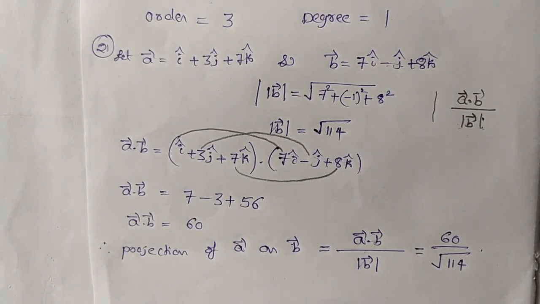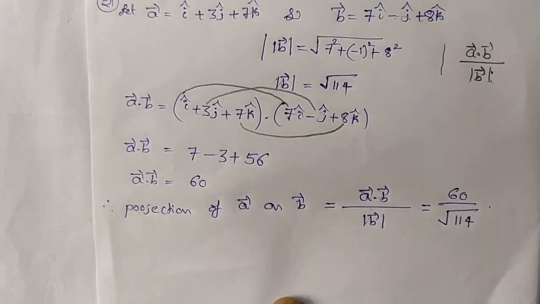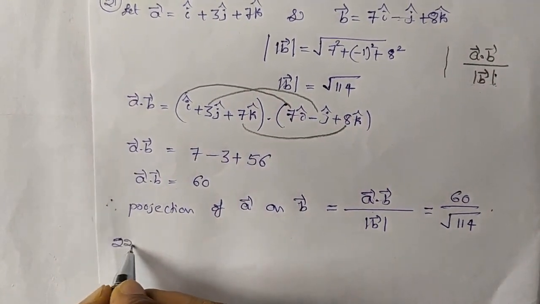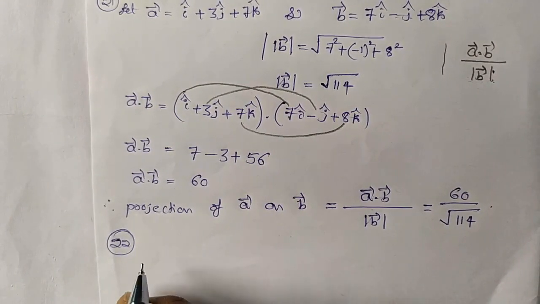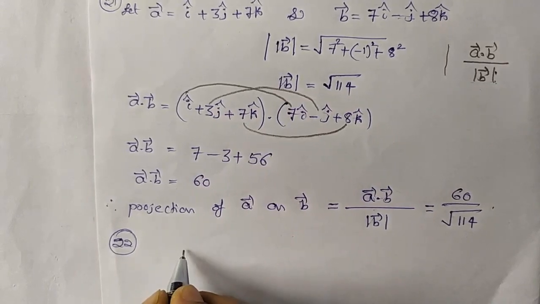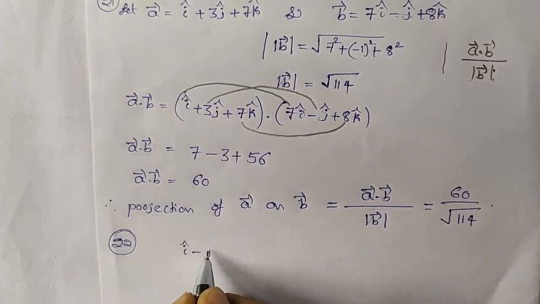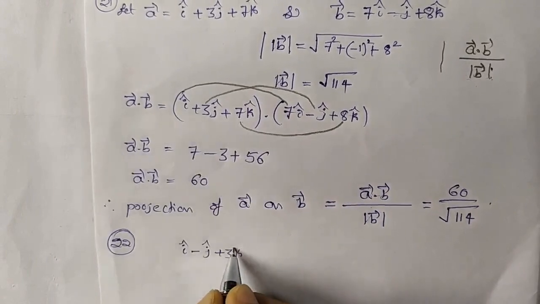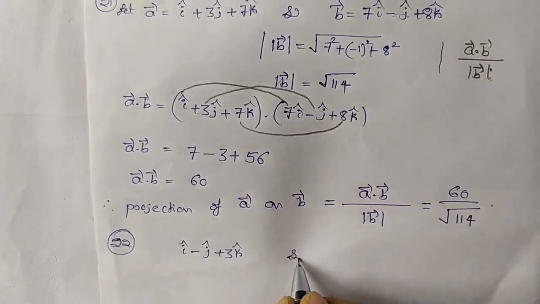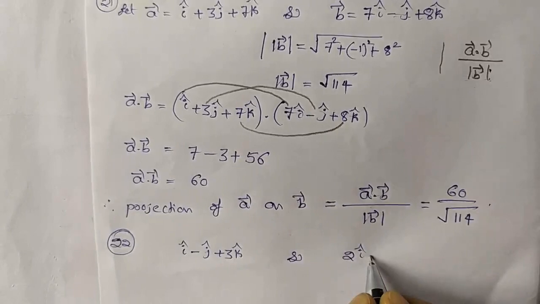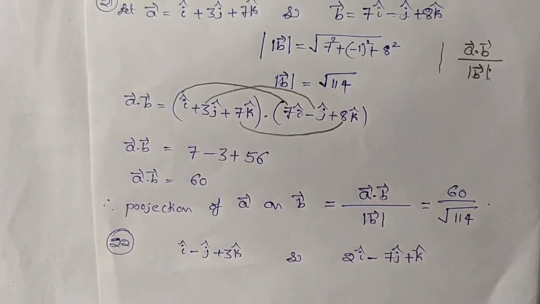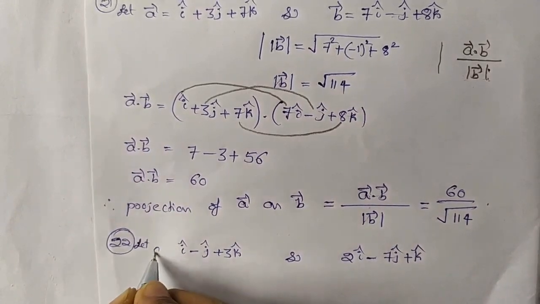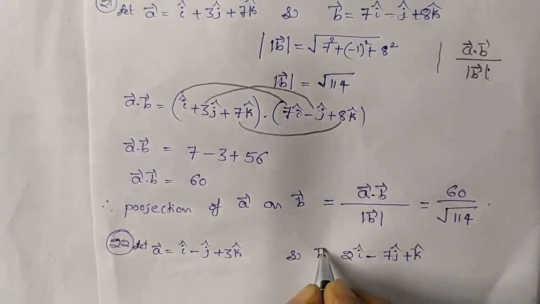Next, see the 22nd question. Find the area of the parallelogram whose adjacent sides are given by the vectors i minus j plus 3k and 2i minus 7j plus k. Here also they didn't define vectors A and B. Here in the solution we are going to define A vector equals this and B vector equals that.